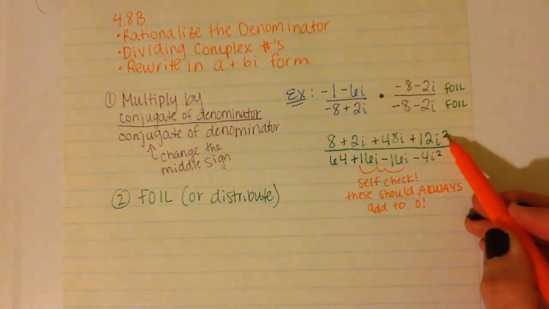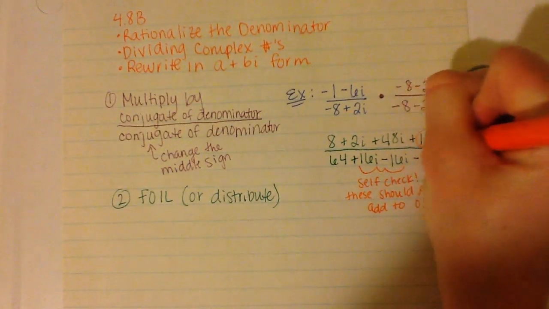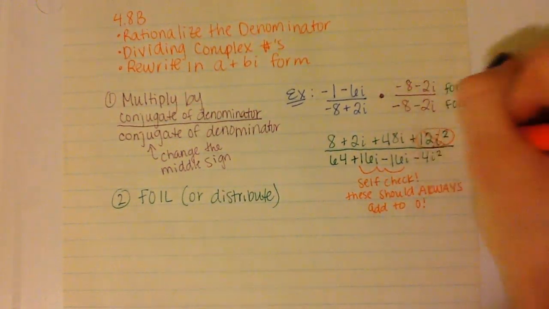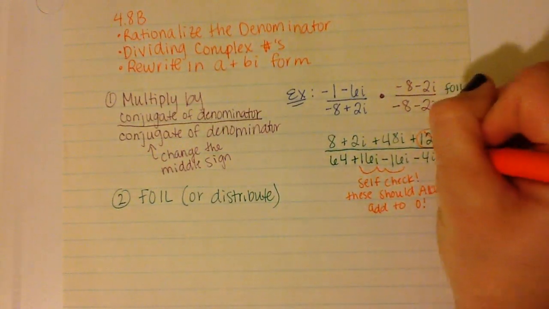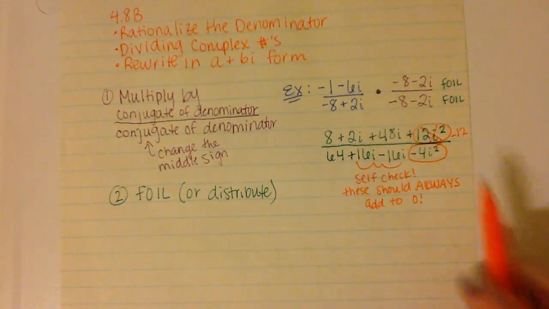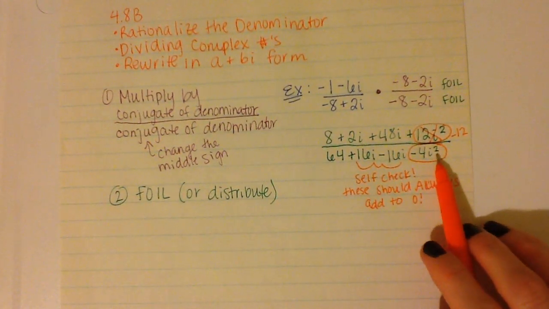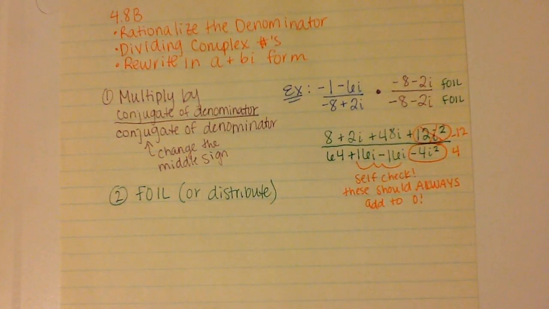So instead of having i squared, if that's negative 1, what's 12 times negative 1? So looking at this piece, 12 times negative 1, we're going to change that to negative 12. And looking at this piece with the i squared, we have i squared is negative 1, so negative 1 times negative 4 is positive 4.